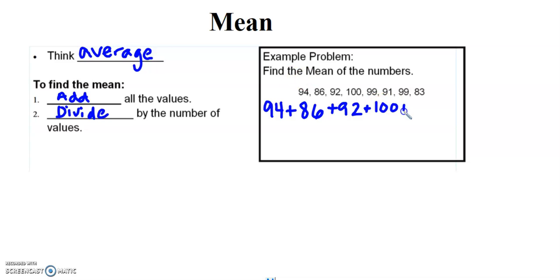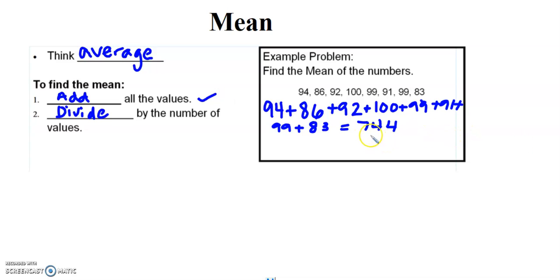We're just going to keep adding until we've used them all. Okay, so I think I have them all. And if you add all of those up, you should get 744. So we've done step one.